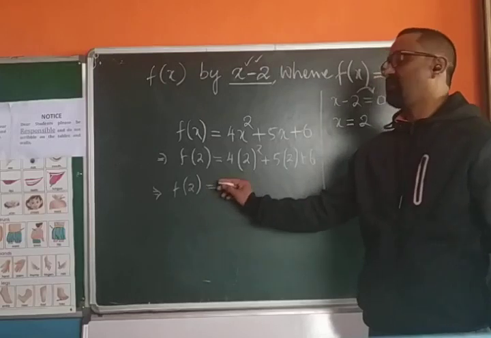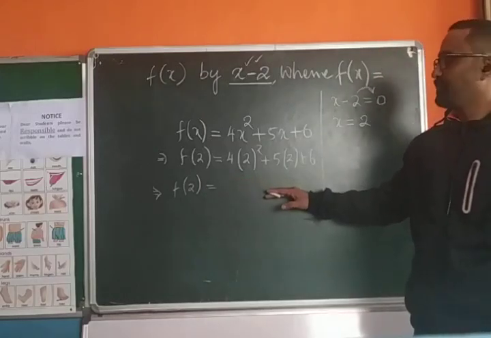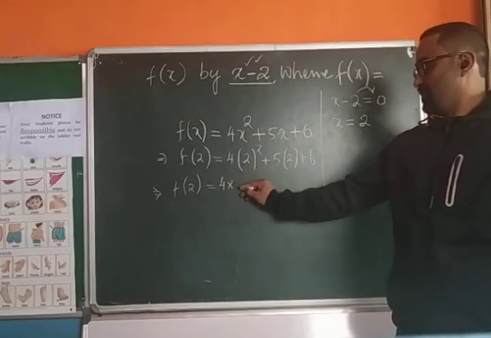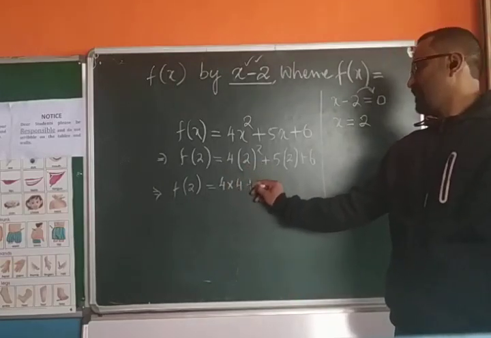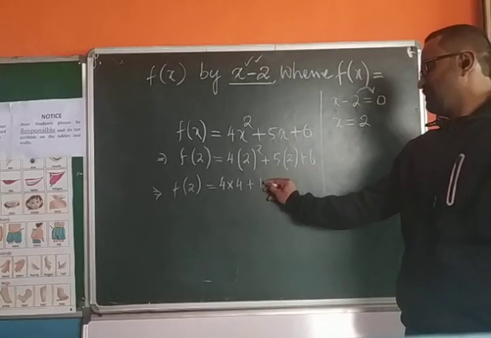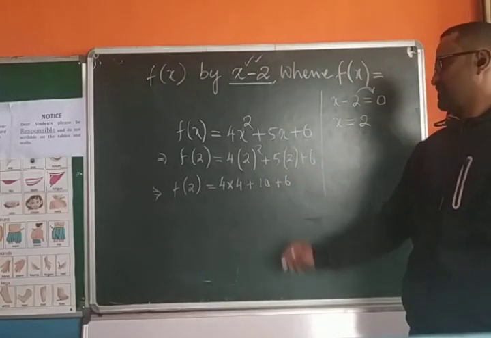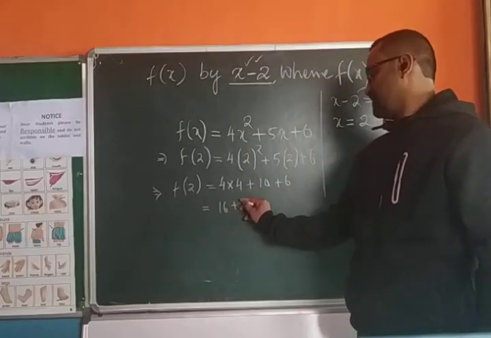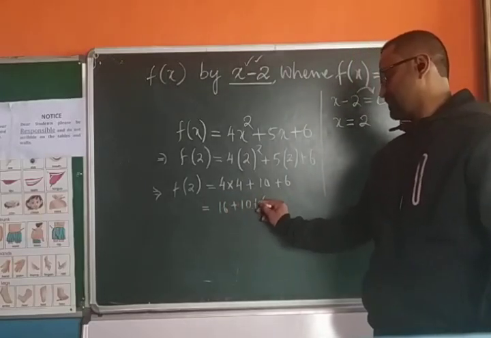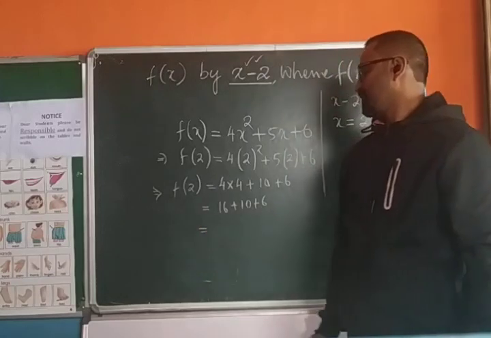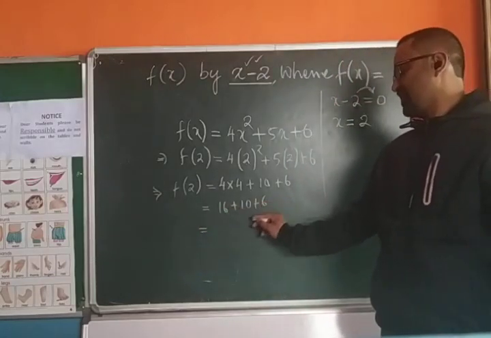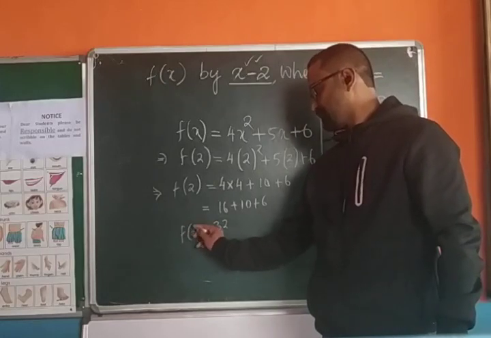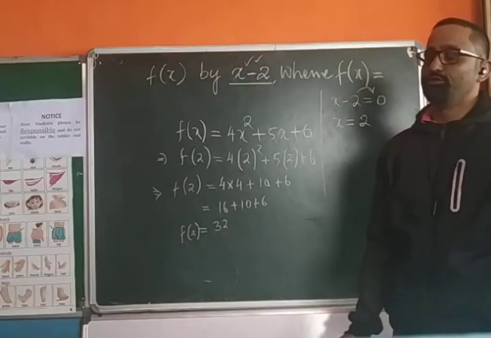We simplify the right hand side of the equation. 4 square of 2 is again 4, 5 into 2 is 10, plus 6. 16 plus 10 plus 6, add it up, 26 plus 6 is 32. f2 is equal to 32.